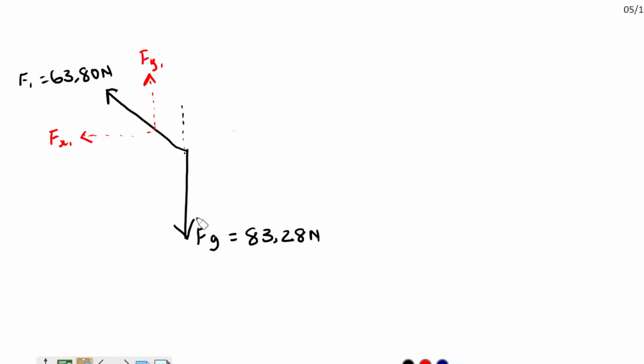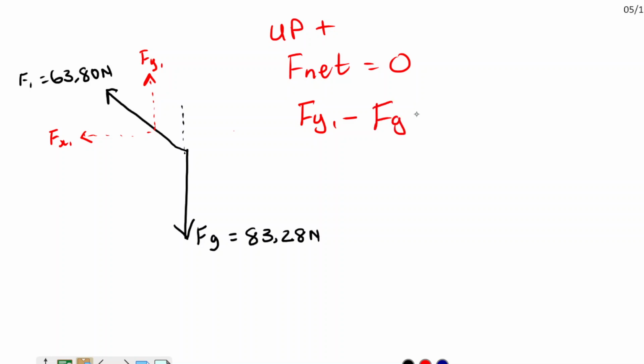So if you only have this, your F net, which we know was 0, will be your F of y. Remember, up is still positive. So you only now have Fy1 minus Fg equals 0.